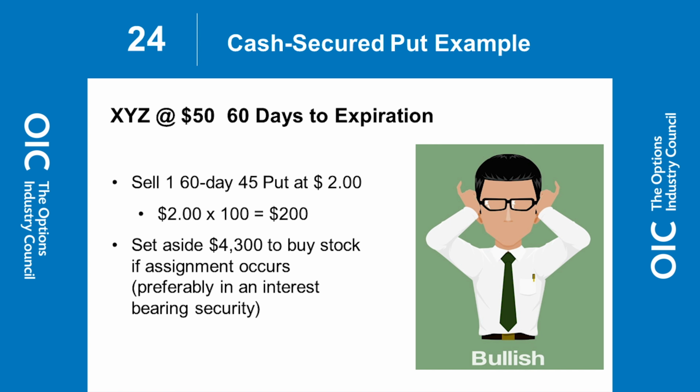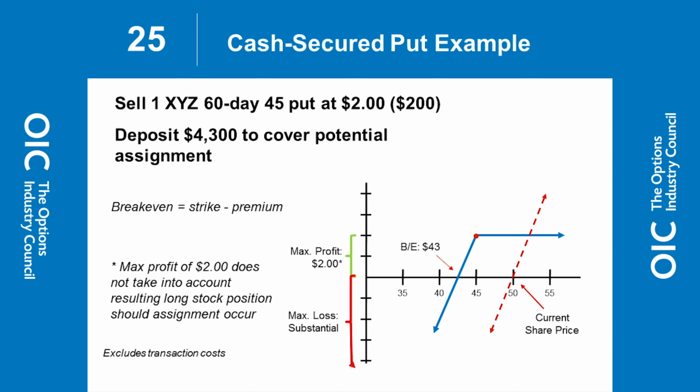We collected $200 up front when we sold the option. We need to set aside $4,300 more in order to buy 100 shares of the stock should we get assigned. The idea here is we're getting the stock for $45 a share instead of the current $50. So we're going to deposit that $4,300 to cover the potential assignment. And our break-even is going to be the strike minus the premium.